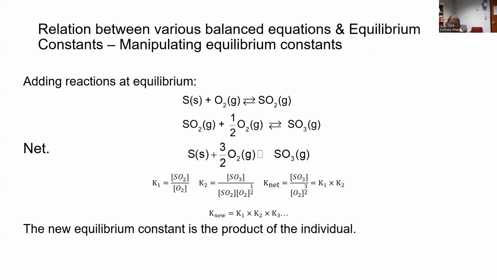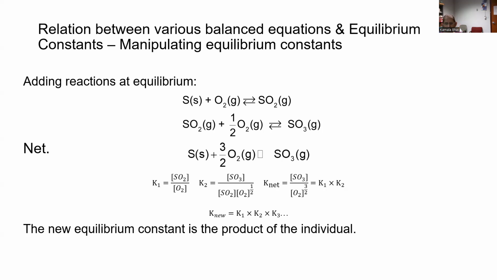Then, when you add up reactions to get a net reaction, in this case, we are doing the reaction in multiple steps. S solid plus O2 gives you SO2 gas. SO2 gas combines with half an oxygen gas to give you SO3 gas. So the net reaction is S plus 3/2 O2 gives you SO3.